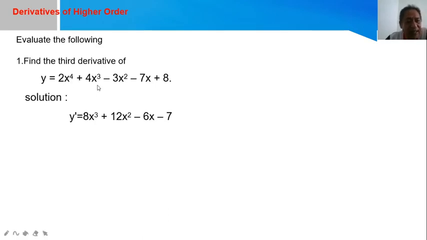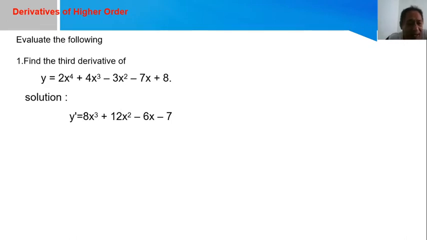Since we are already gaining familiarization with the formulas, I can go directly to the derivative of every term under the sum rule. This is a product of 2 and 4, reducing the power under the power rule, so x cubed, and do the same: this is 12x squared, minus 6x, correct? This is minus 7 because the derivative of x with respect to x is 1. The constant becomes 0. So that's your first derivative.